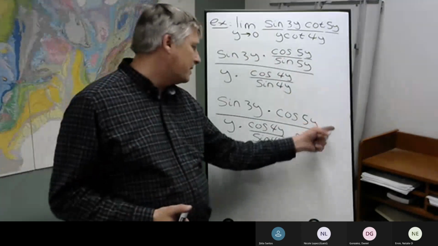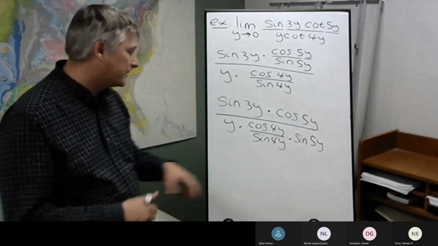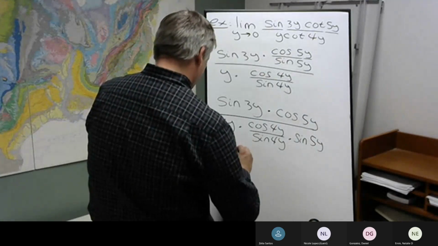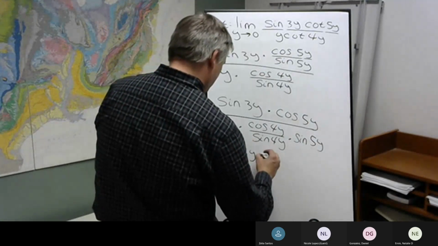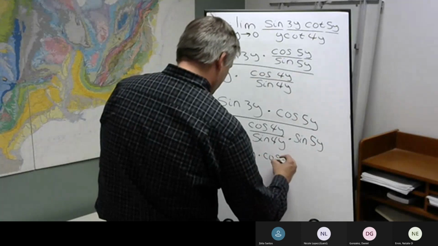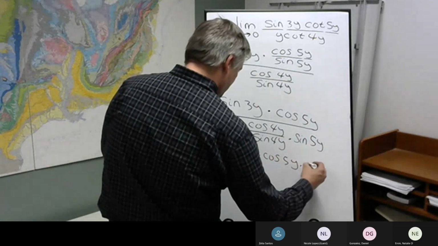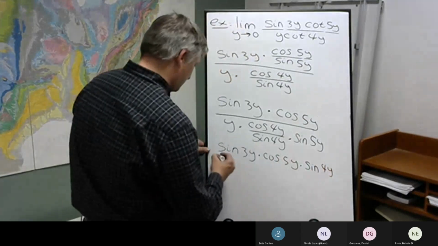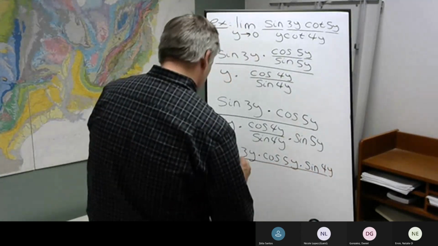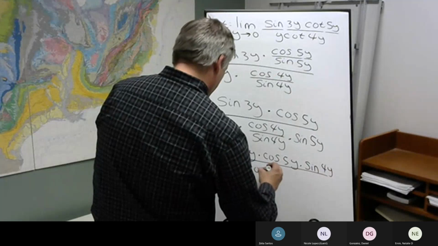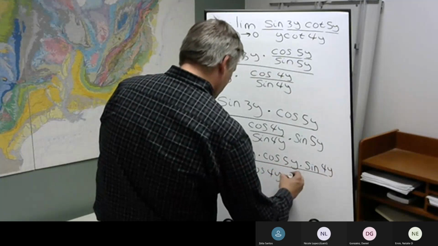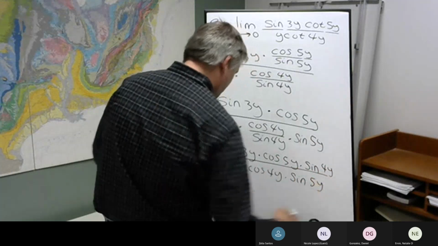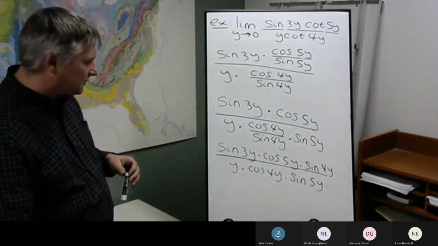And you can multiply top and bottom by sine of 4y. And so we've got this.